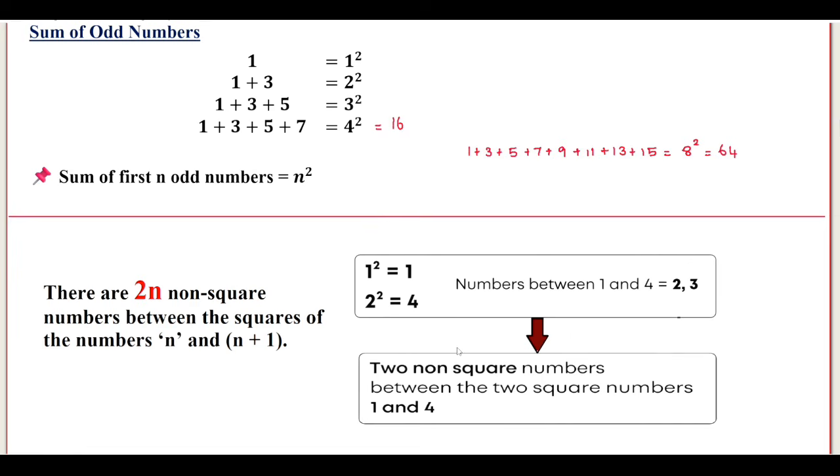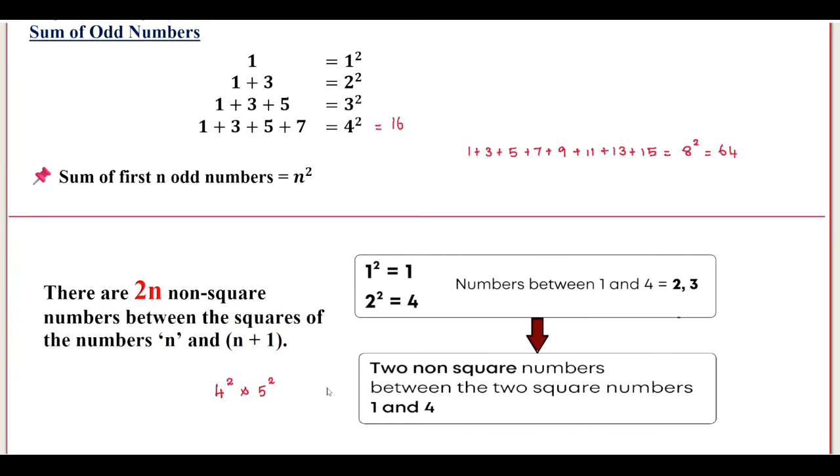This is very simple. Suppose they are asking how many non-square numbers are between 4 square and 5 square? 4 square is 16, 5 square is 25. In between, how many numbers come? We no need to count.